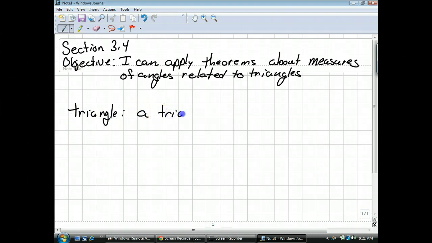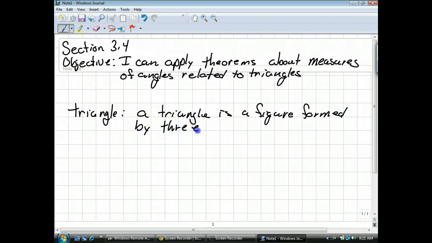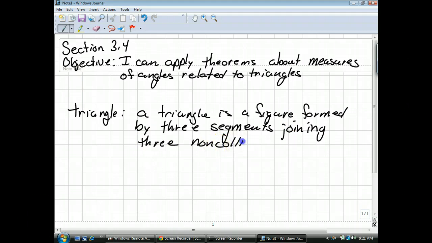A triangle is a figure formed by three segments joining three non-collinear points.